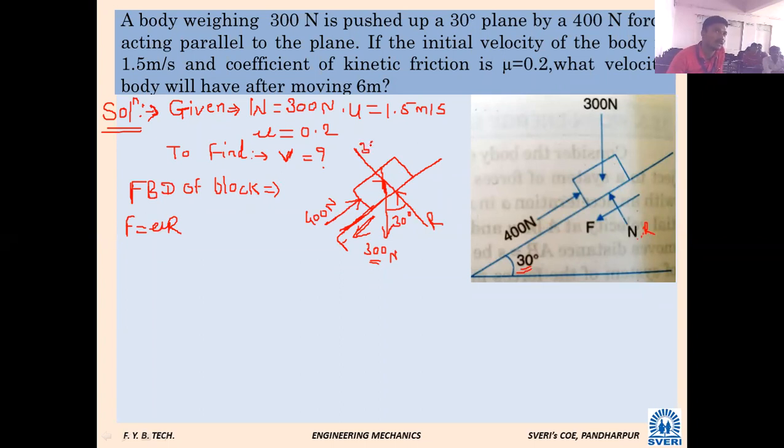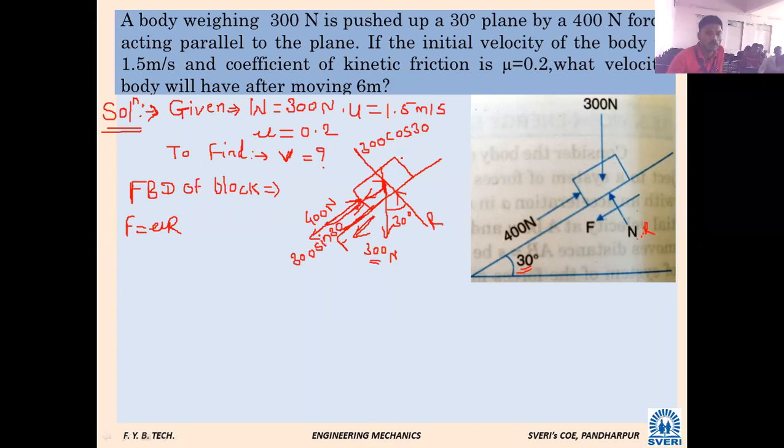So the component along this is 300 cos 30, and the other component in this direction is 300 sin 30.